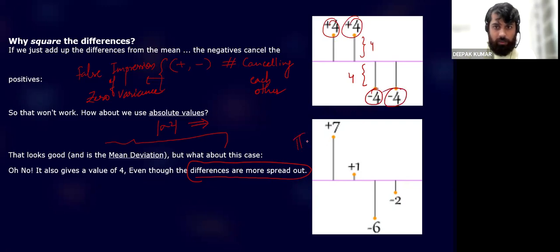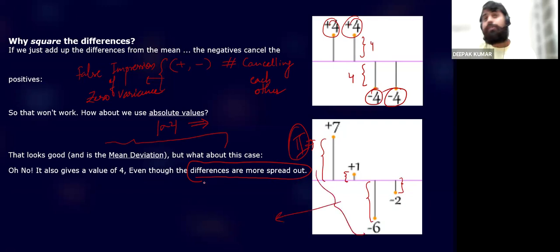But in the second scenario, one point is 7 apart, another point is a single point apart, the third point is 6 apart, and the fourth point is 2 apart. So here the system should signify higher variability, yes or no? Higher variance or higher variability. Am I understood?